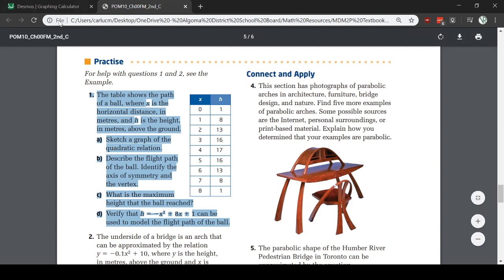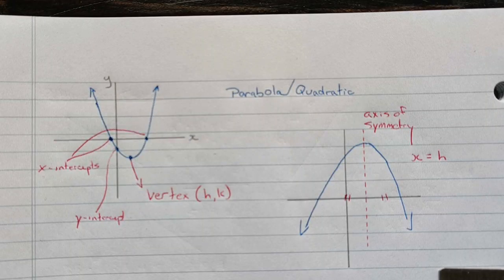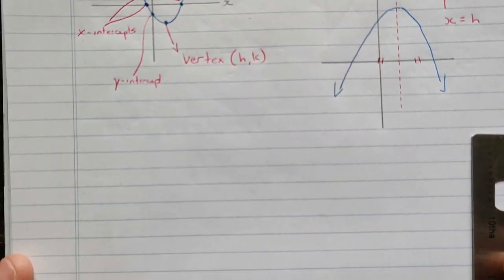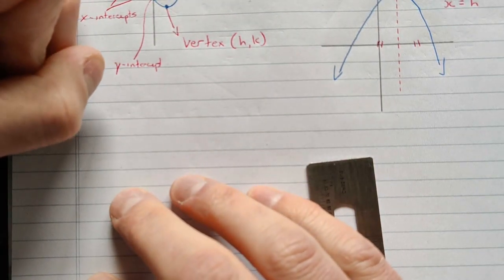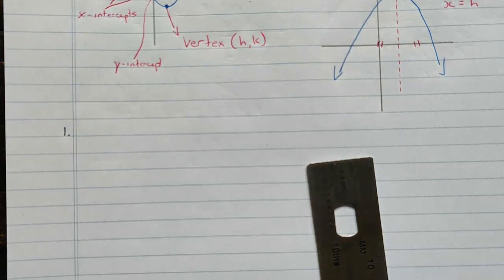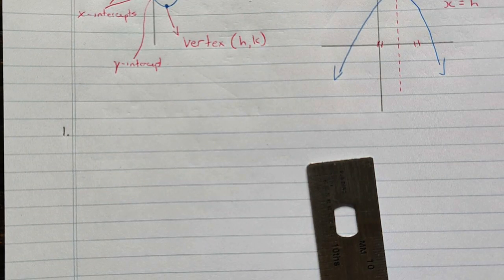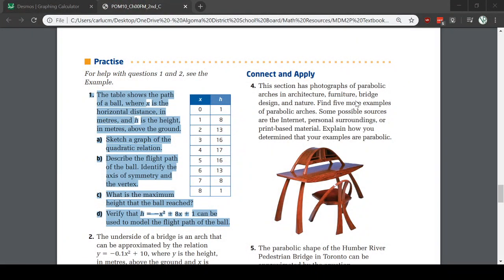I'm going to switch over to the page here, and take a look at that question. So that's number one. I'm going to switch back and forth a little bit, but there's our table of values. The x values go from 0 to 8, and then the h values, the height values, go from 1 all the way back to 1.